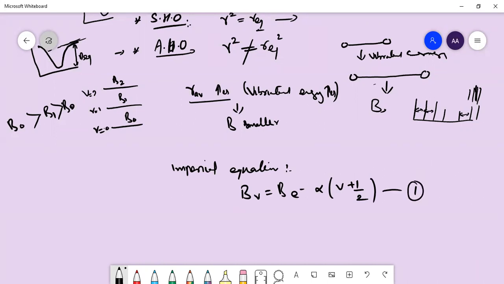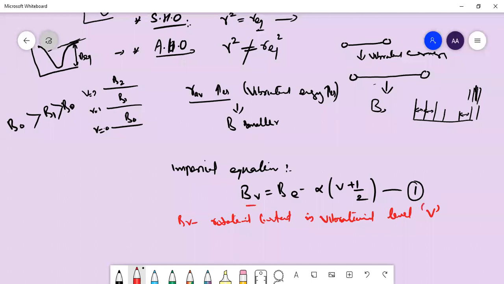And this equation will give you a high degree of approximation, where B_V is the rotational constant in any vibrational level V. It can be V0, it can be V1, it can be V2.